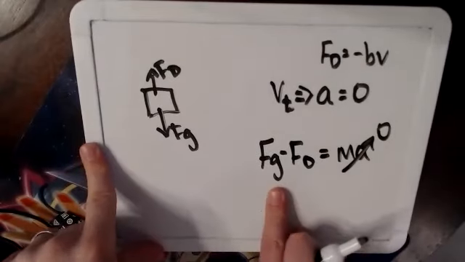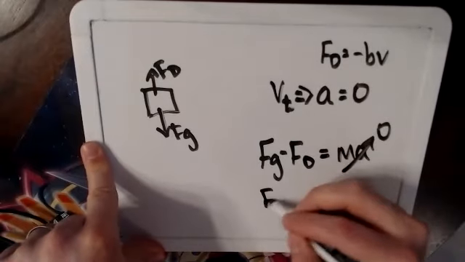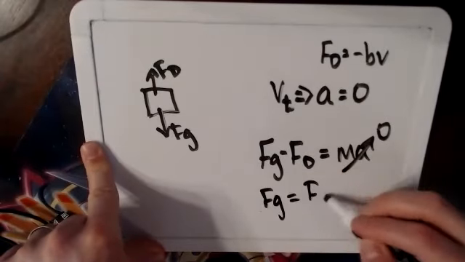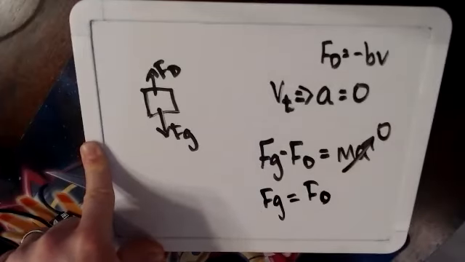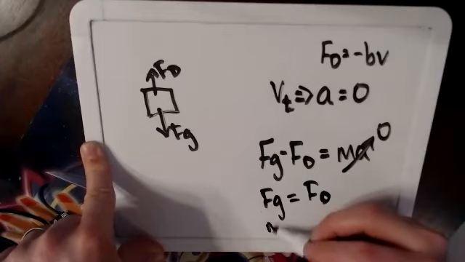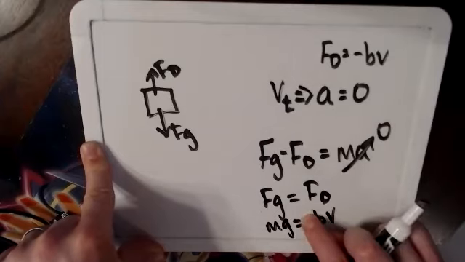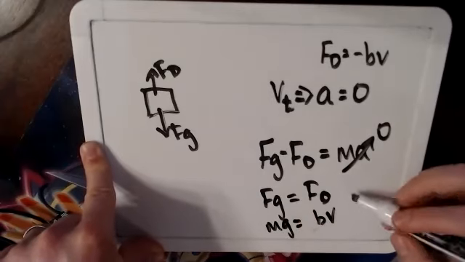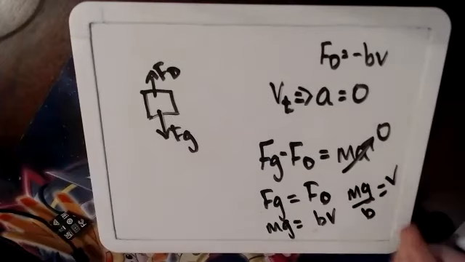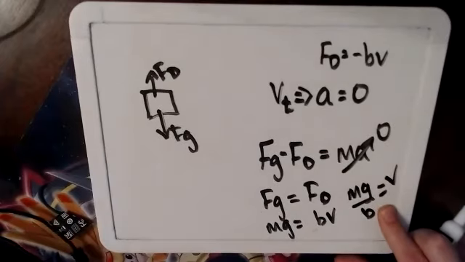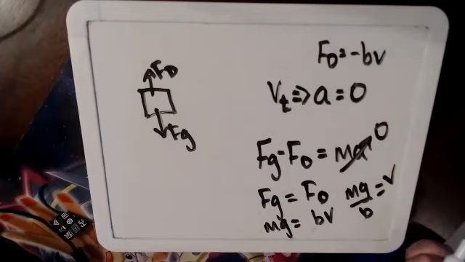Then Fg equals Fd. So we do mg equals bv, and then mg over b equals v for our terminal velocity. That's the first question we do. It'd be an equilibrium problem.